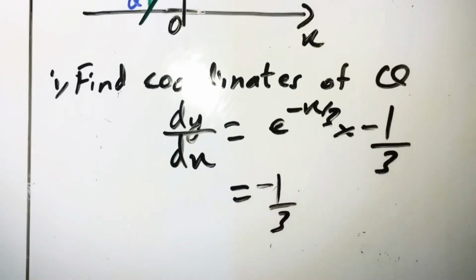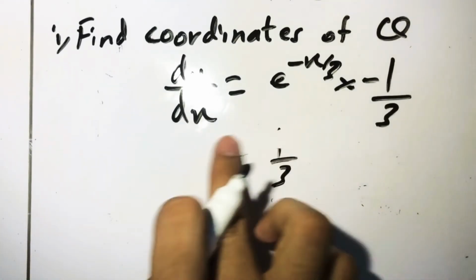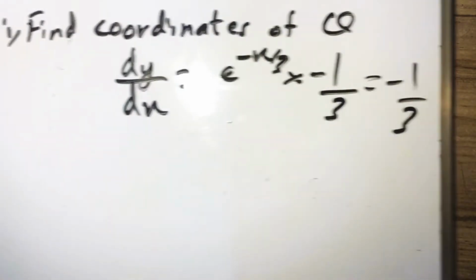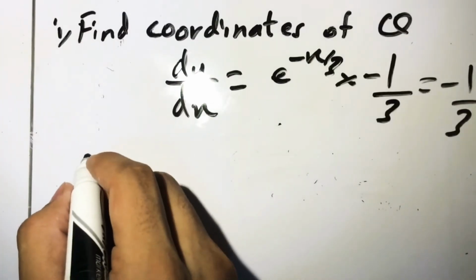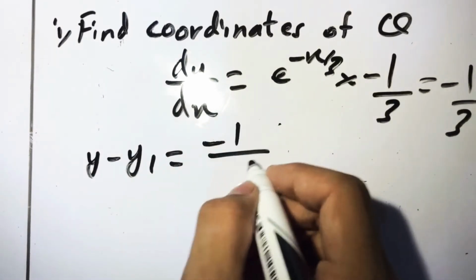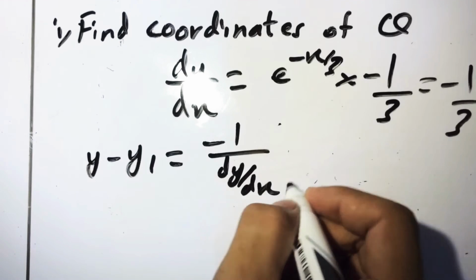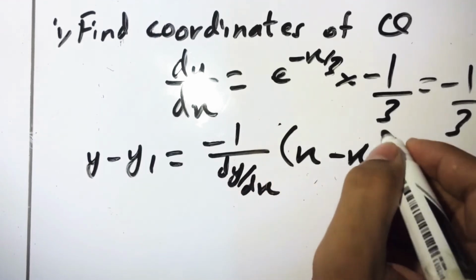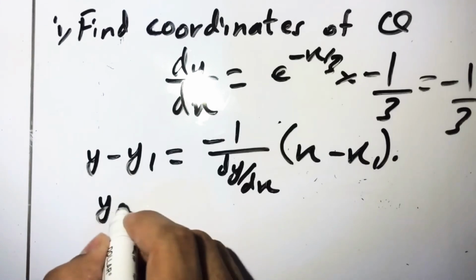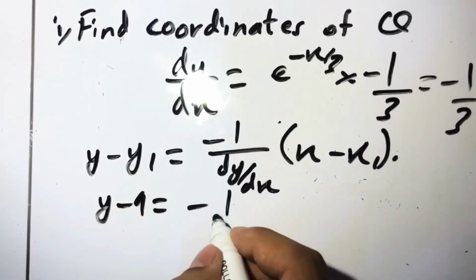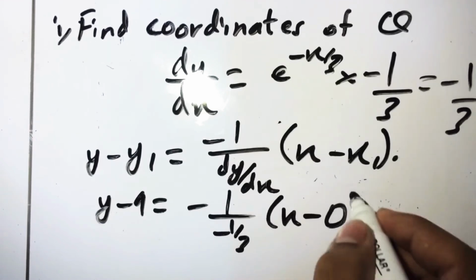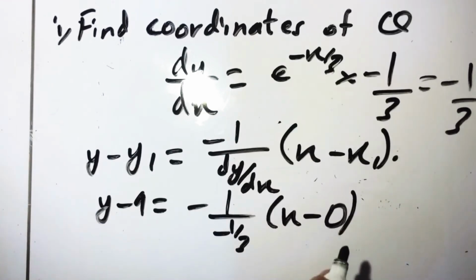Now for the equation of the normal, we have the formula y minus y1 equals minus 1 upon dy over dx, x minus x1. y1 we found as 9, dy over dx is minus 1 upon 3, and x1 is 0.